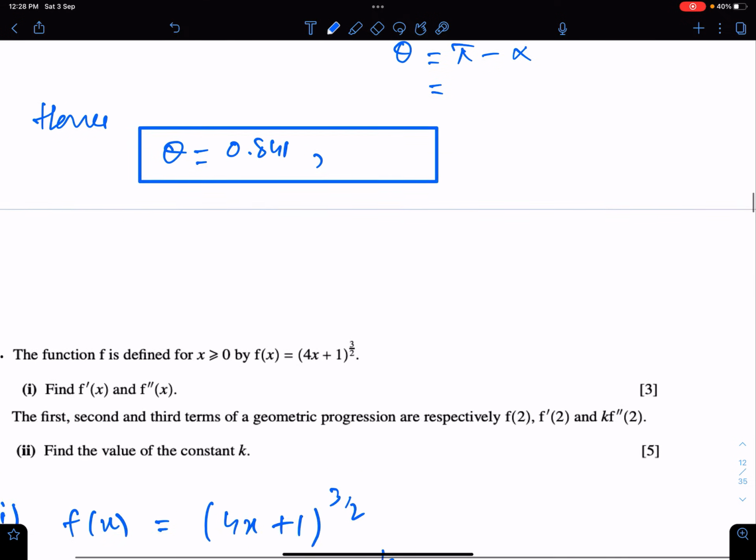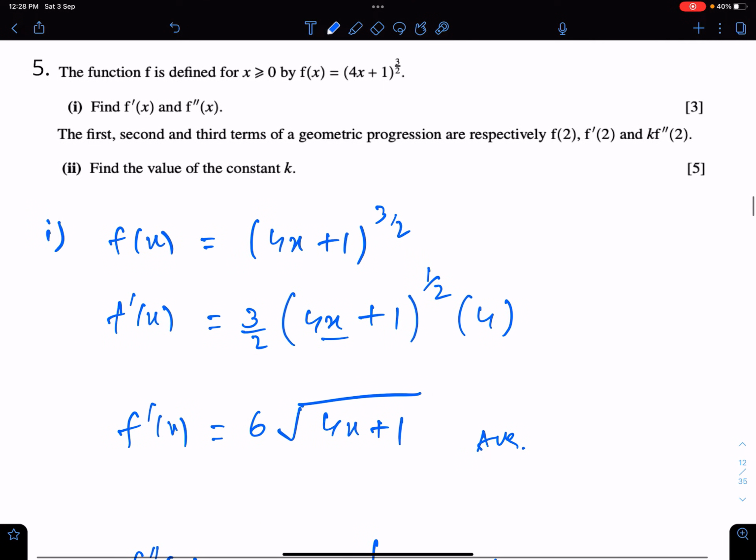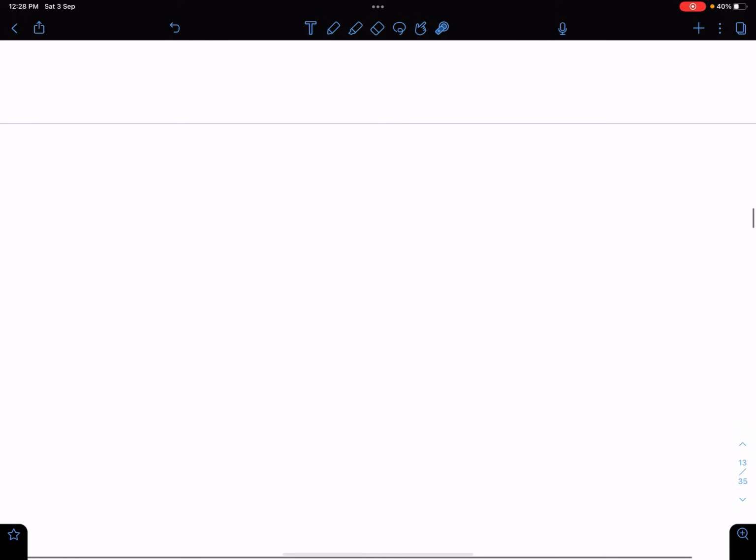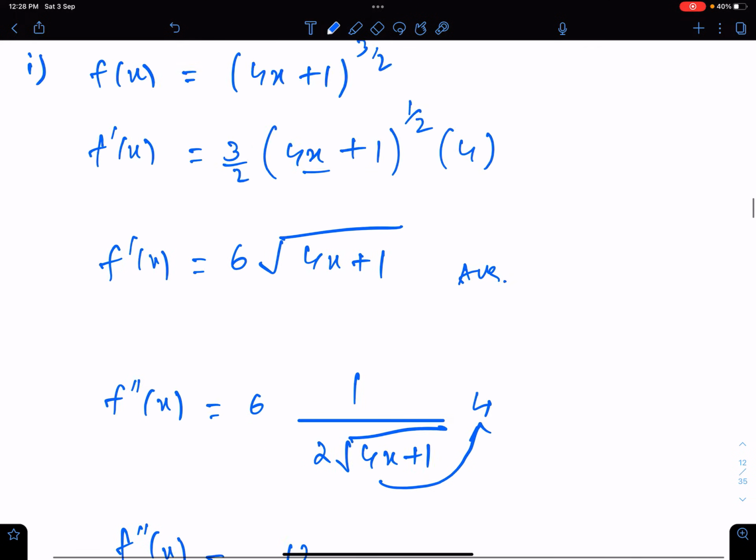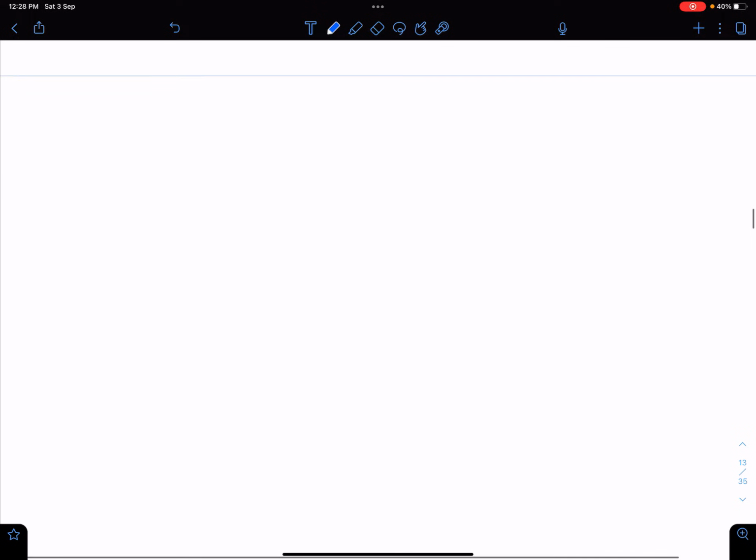Now the next part. The first, second and third terms of a GP are this and this. So we need f of 2, f prime 2, f double prime 2 first. Part 2.